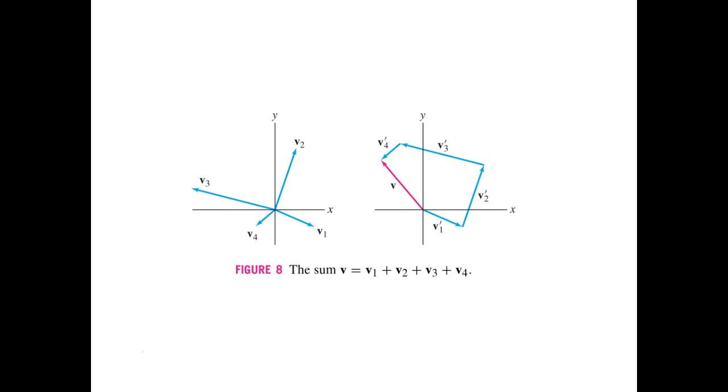Okay. Now here's the interesting thing about this. By just looking at this, I'll definitely say this. v is shorter than the sum of the magnitudes. The magnitude of v is less than the magnitude of all the others added together. Would you not agree?